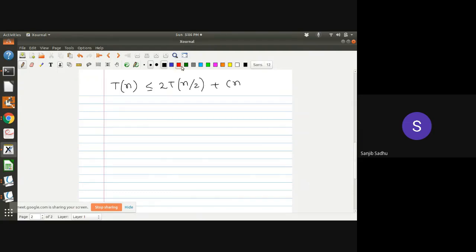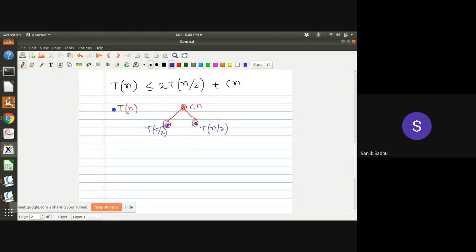Now, how will we write it? At the first step, I am writing Tn. In the next step, I will replace this Tn by these terms. How? I will create a node whose cost is Cn, and I will create two children. These will be Tn by 2 and Tn by 2. Clear?